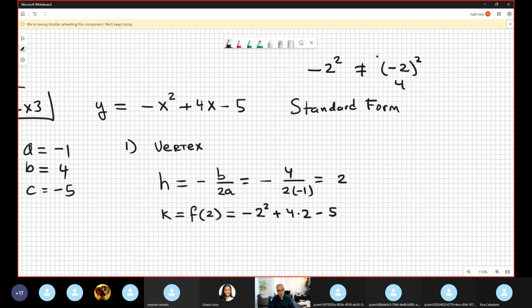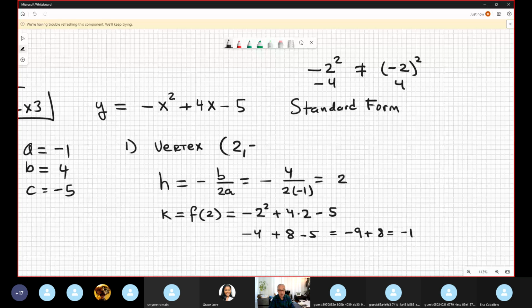However, this no, because you are doing the exponent first, which is 4, and you multiply by the invisible negative 1, and you get negative 4. And this is a negative 4, and it's positive 8, and it's a negative 5. And the negatives together, negative 4 and negative 5, is negative 9. And negative 9 plus 8 is negative 1. And the famous vertex is located at the point 2, negative 1. Any question?